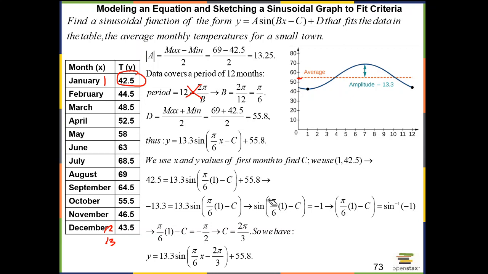If we take sine inverse of both sides to get rid of the sine, we get pi over 6 minus C equals sine inverse of negative 1. And we know sine inverse of negative 1, in the region where sine inverse is defined, is only one number, and that's negative pi over 2. So this has to be negative pi over 2, and we solve for C here. It has to be 2 pi over 3.